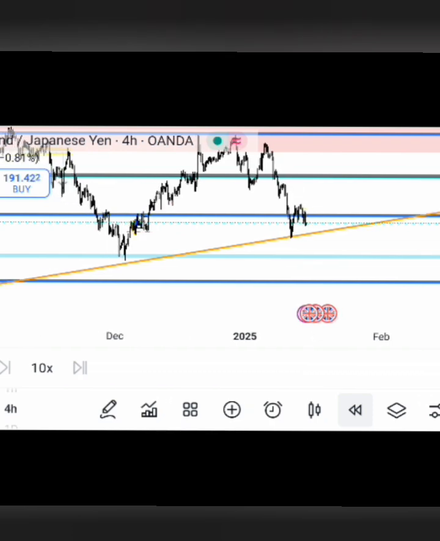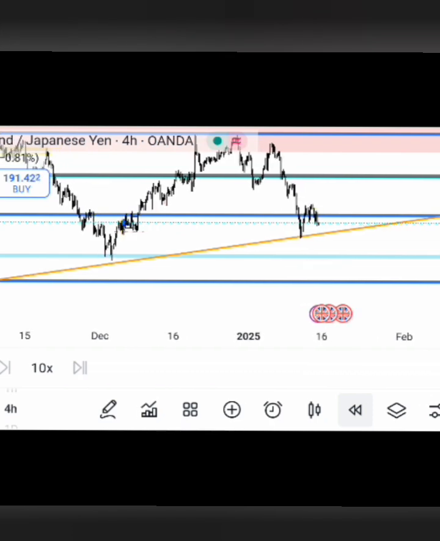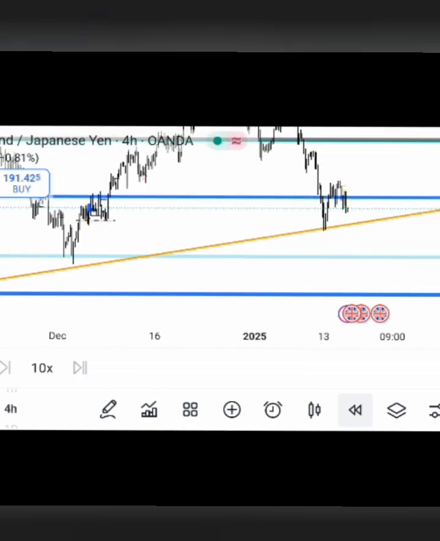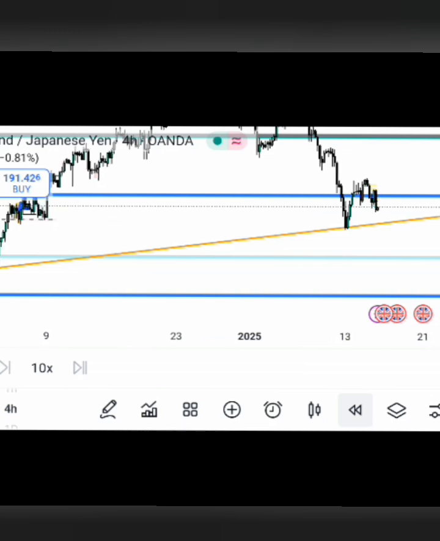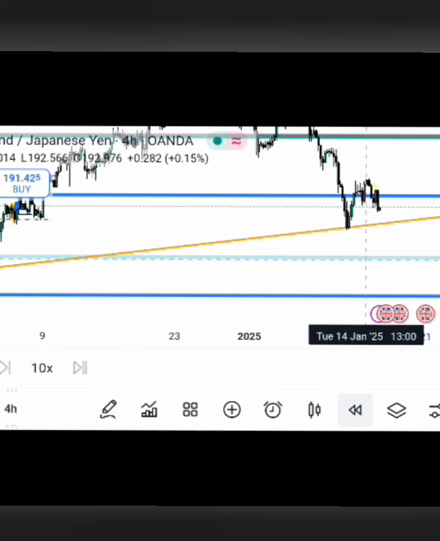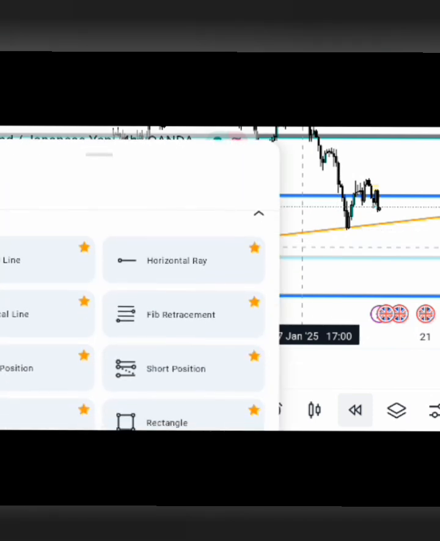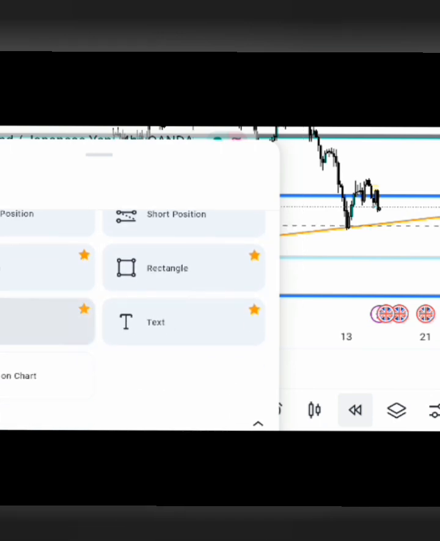It came back, it came here, isn't it? It ran into this, then let's see if it is going to give us some bullish formation here, because the market could do this and it turns out to become a bullish formation. I hope you understand. So we don't know what the market is doing yet.